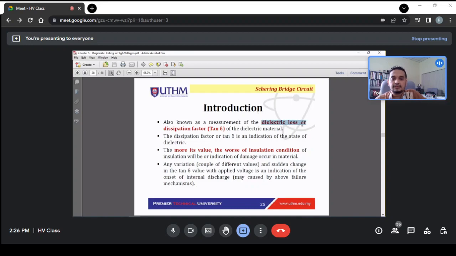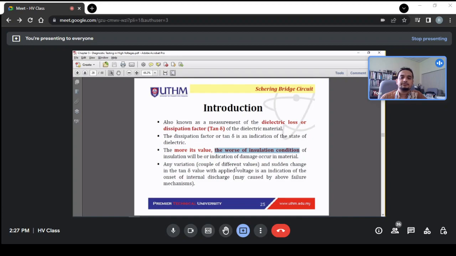The higher the tan delta value, it indicates that the dielectric material will lead to the worse insulation condition. The higher the value, the poorer the performance of the insulator. The lower the better, the higher the worse the condition.